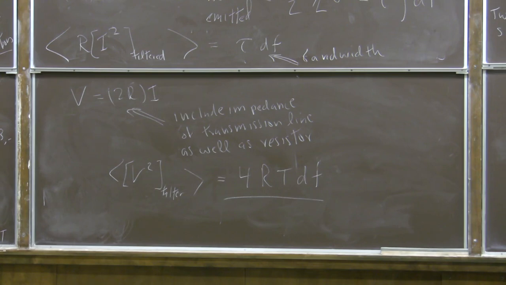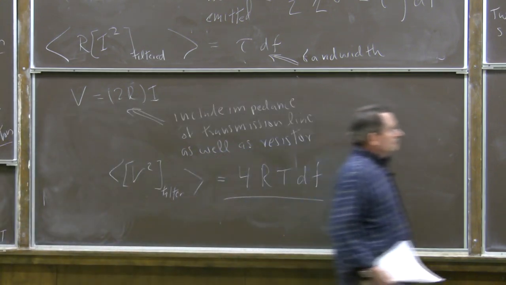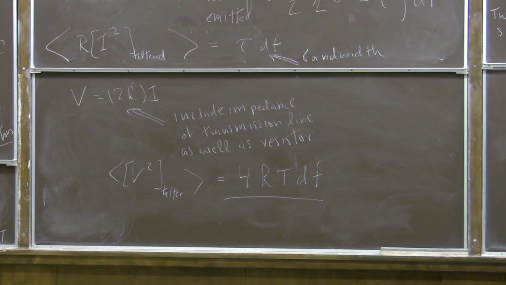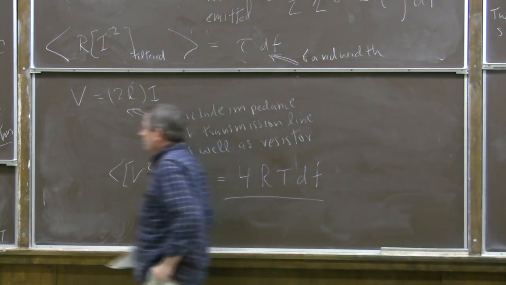Yeah? What's the reason that the 2R are equal? Well, the reason for the 2R is that the resistance there depends on the transmission line.